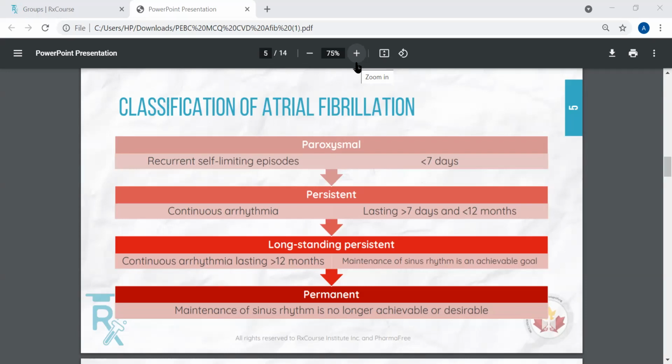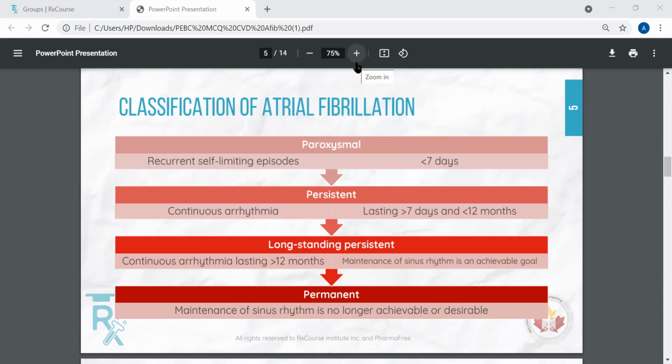We have long-standing persistent, which lasts more than 12 months, and we still need to restore the sinus rhythm. Okay, the permanent one lasts more than a year, okay?